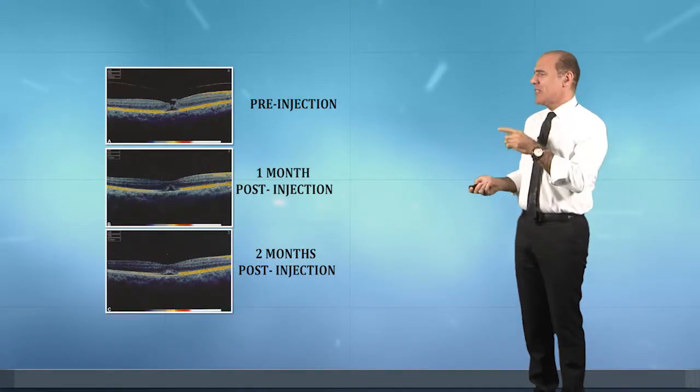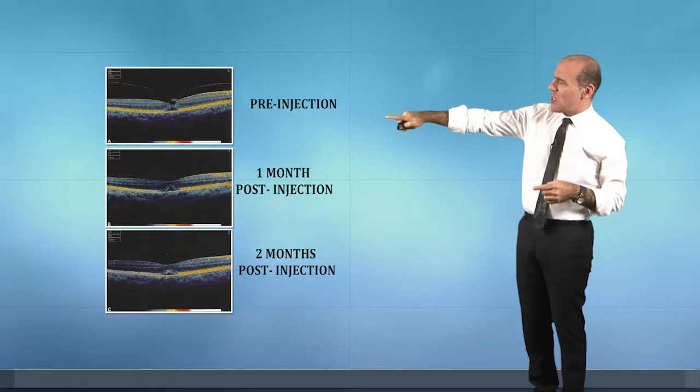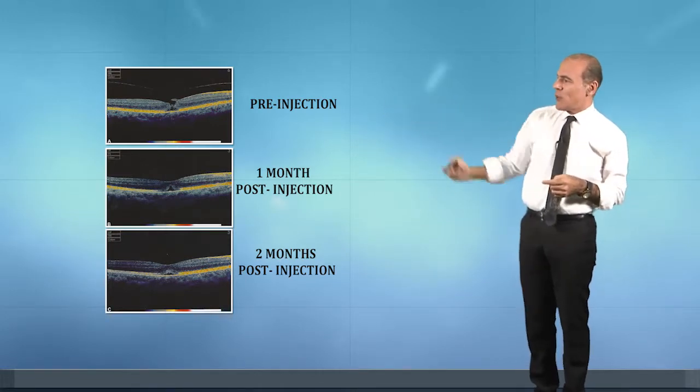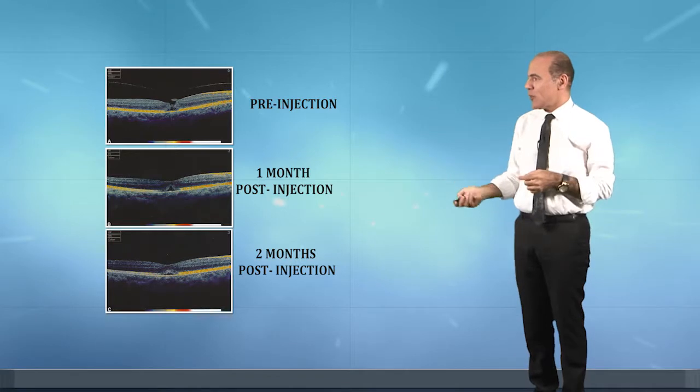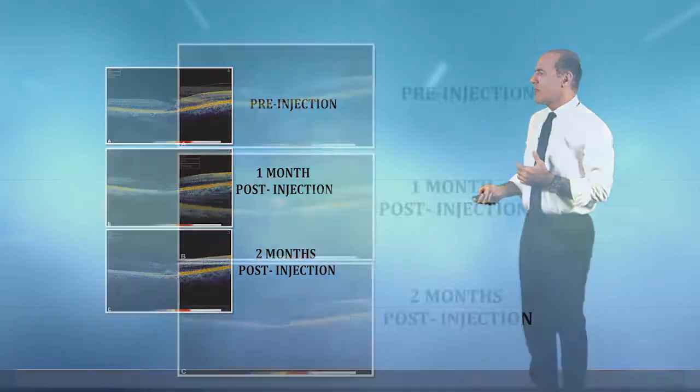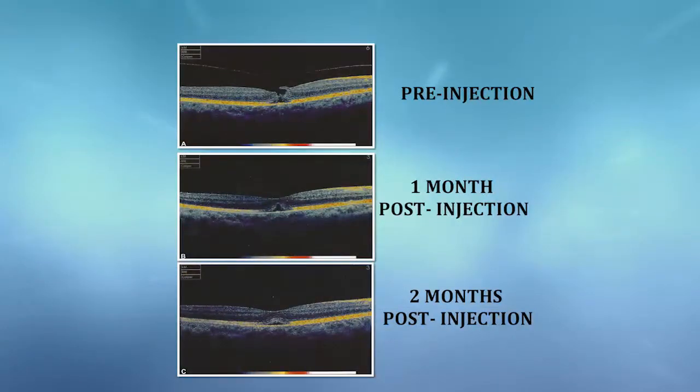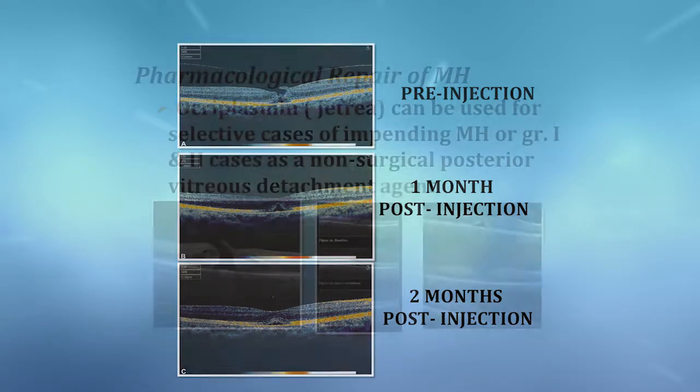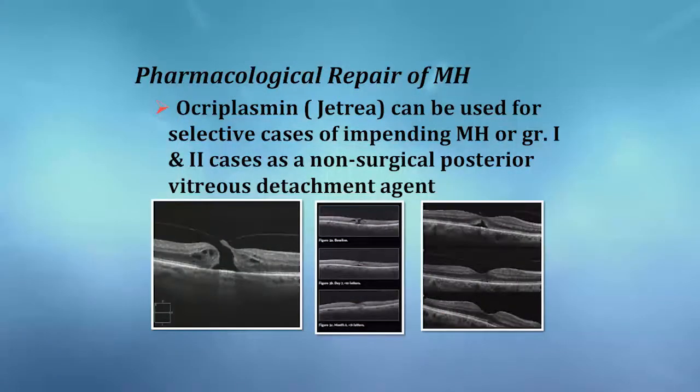Here, yes, there is focal adhesion with macular hole grade 1, grade 2, and that's before injection, that's 1 month after injection, and that's 2 months after injection. What's the difference between 1 month and 2 months? You can notice the diminution or the resolution of the subretinal fluid. And if you follow this patient more and more, you will see complete resolution of this, and it will be reflected on his post-injection visual acuity, basically.